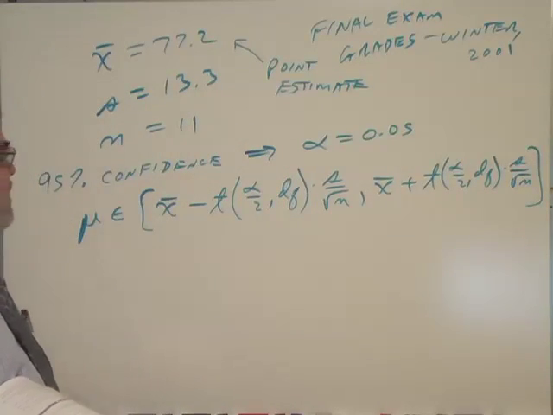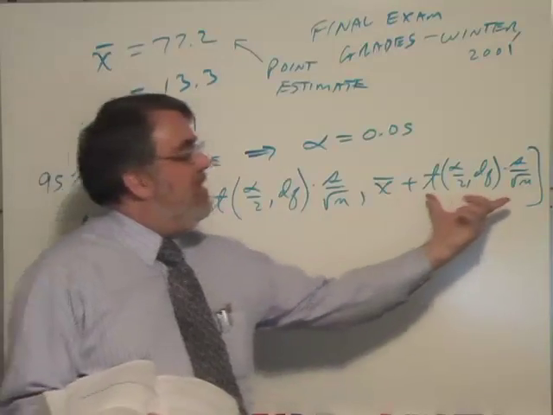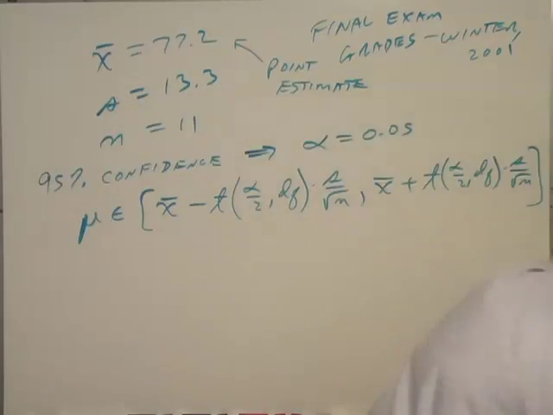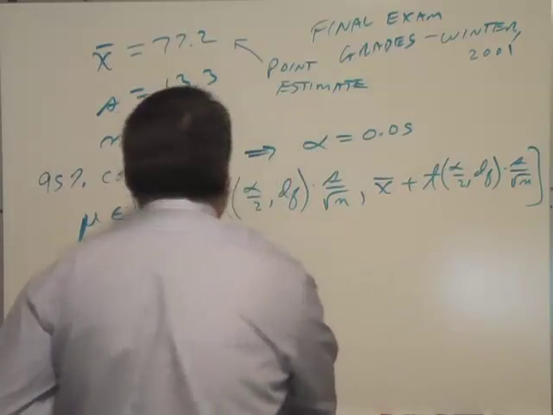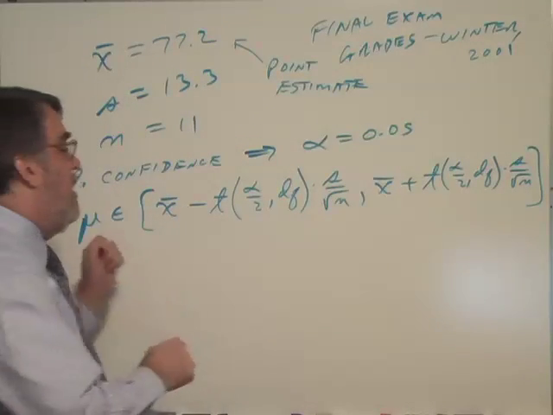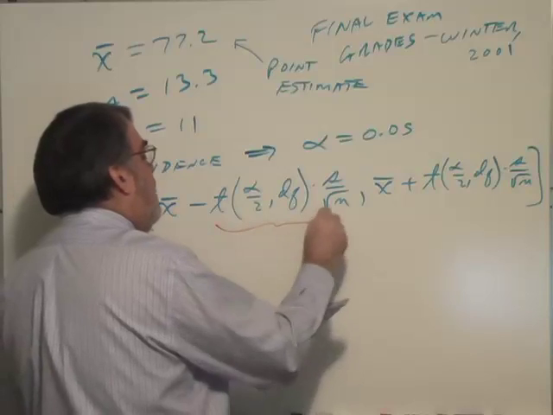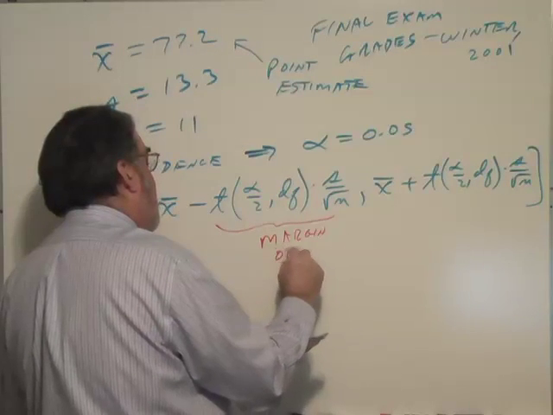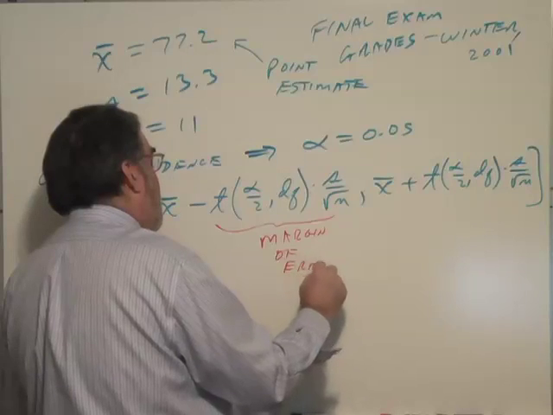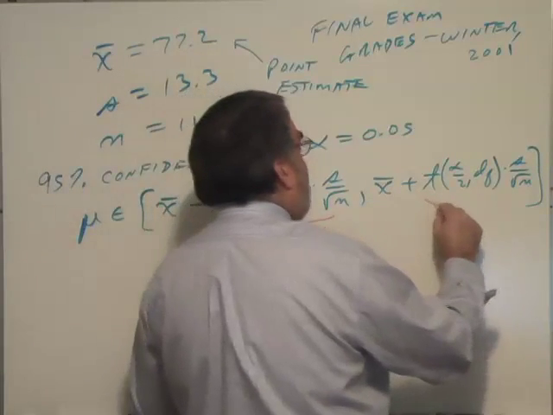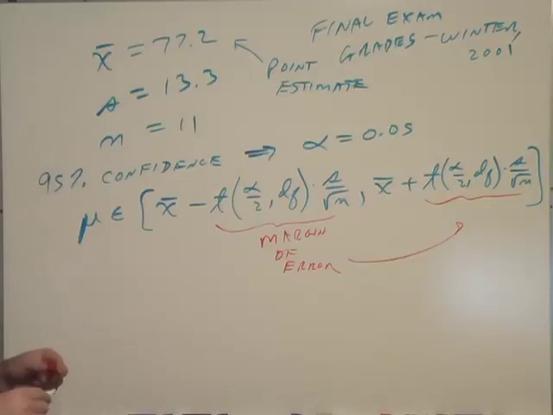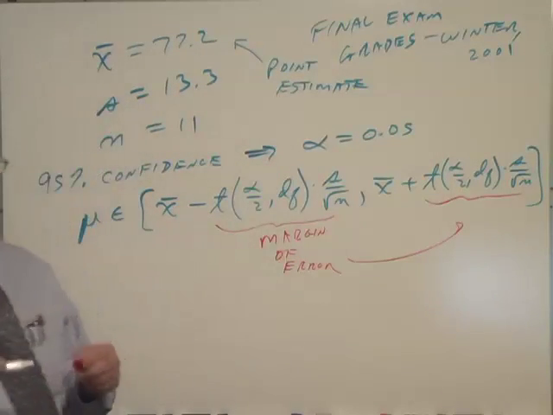Now you'll notice that this part and this part are identical, and so the confidence interval is x bar minus the margin of error and x bar plus the margin of error. So this whole mess here I'm going to call margin of error.